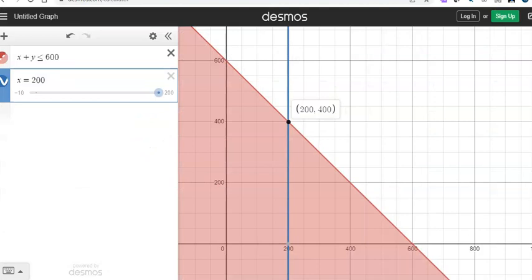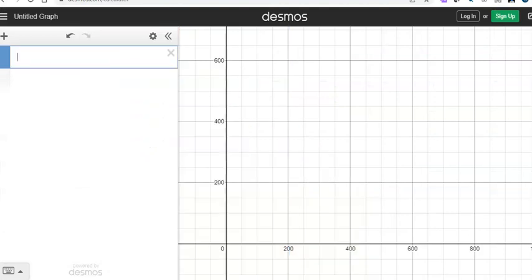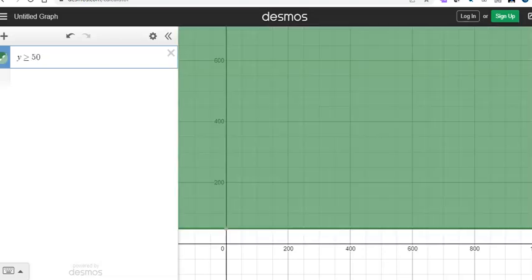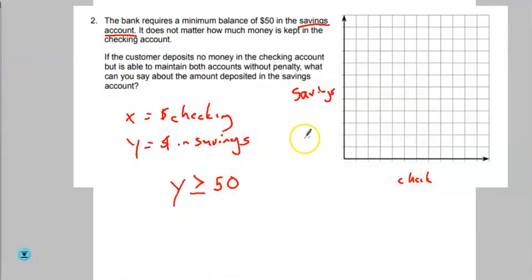So we know the Y has to be greater than or equal to 50, so it's going to be that horizontal line. 50 we said was here.